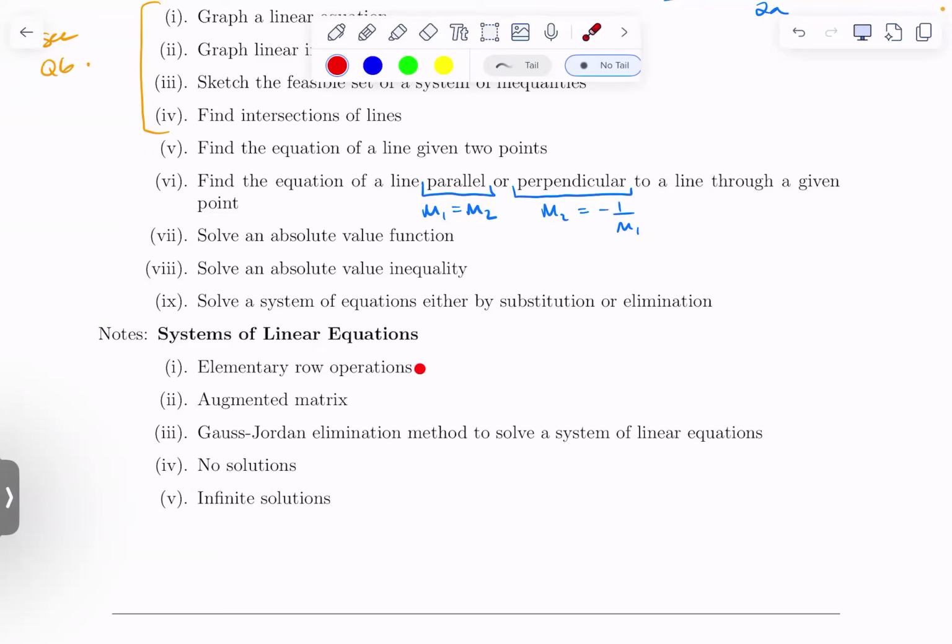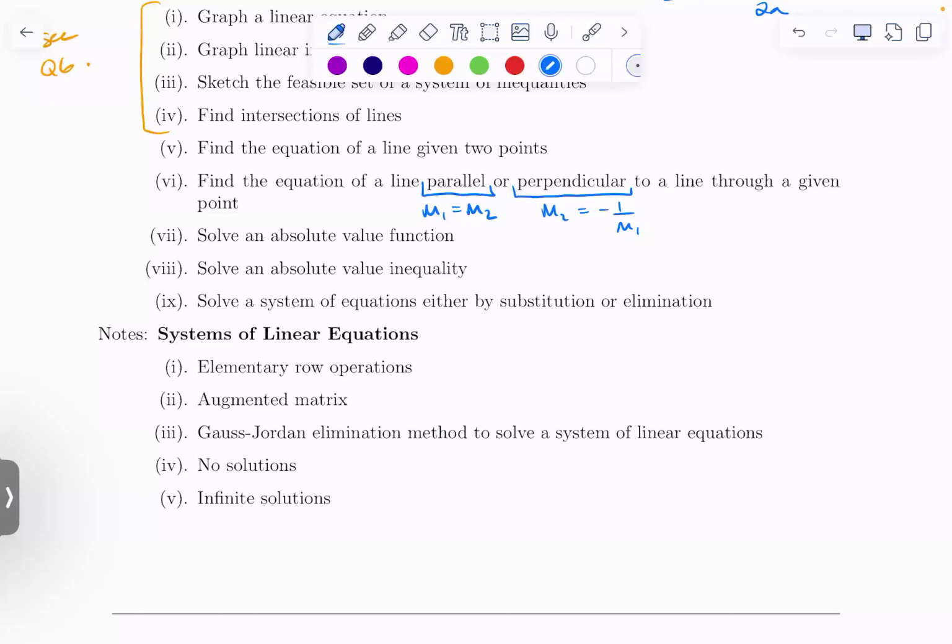We introduced the elementary row operations, which are: you're allowed to swap rows, you can multiply by any constant, and you can add or subtract any multiple of one row to the other. Just 3 row operations. The augmented matrix, I can't remember if we called it that, but I'm sure we did, because where else would I get this terminology from?